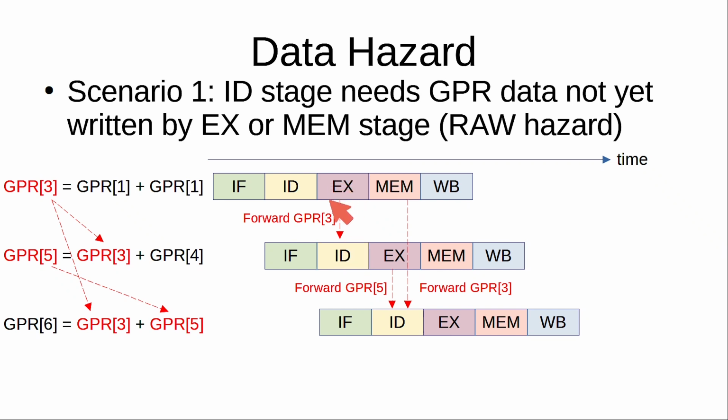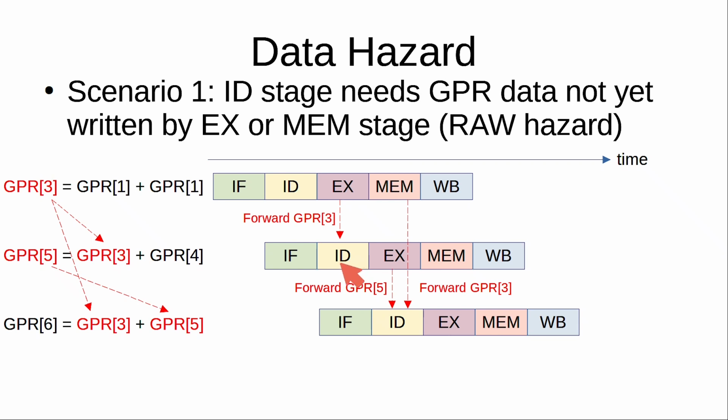So we don't have to stall the CPU pipeline and wait for the GPR3 to be written back in the write back stage, and only then do the ID stage. We don't have to do that. All we need is to forward the needed data from the execution stage directly into the instruction decode stage.